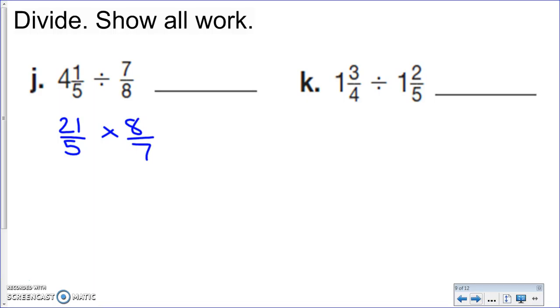Then, if we look at the cross-simplifying, 5 and 8 don't share any factors, but 21 and 7 are both divisible by 7. So 21 divided by 7 is 3, and 7 divided by 7 is 1. Then we multiply across. So 3 times 8 is 24, 5 times 1 is 5.